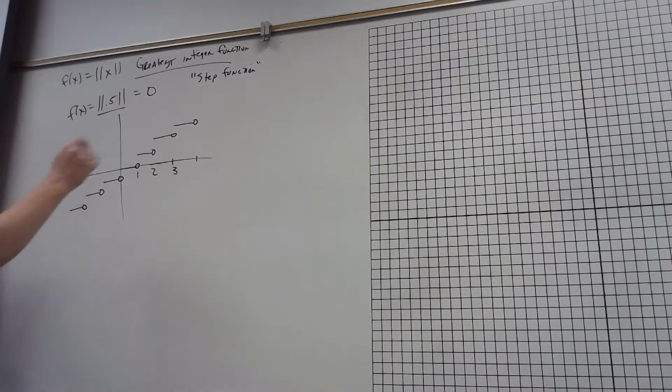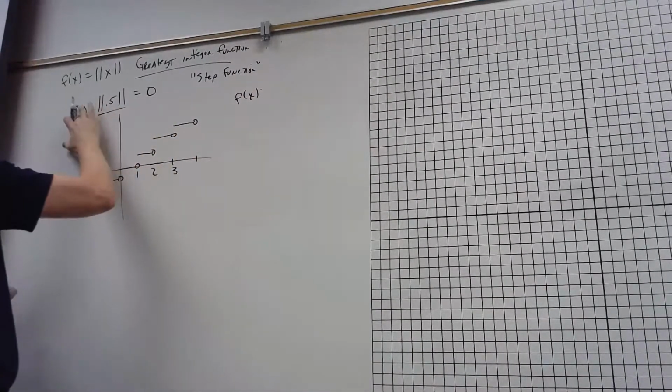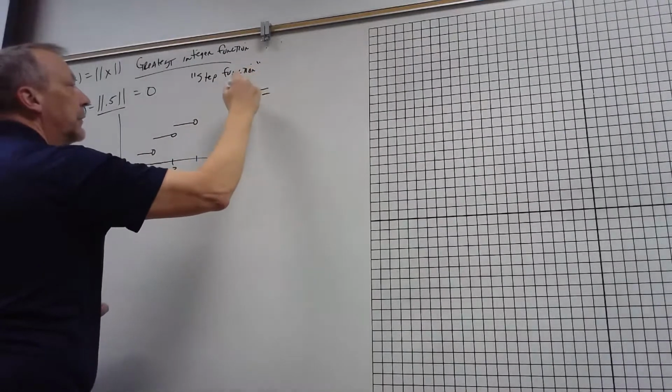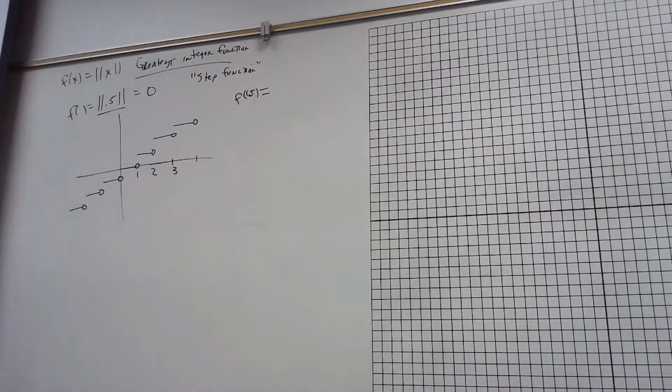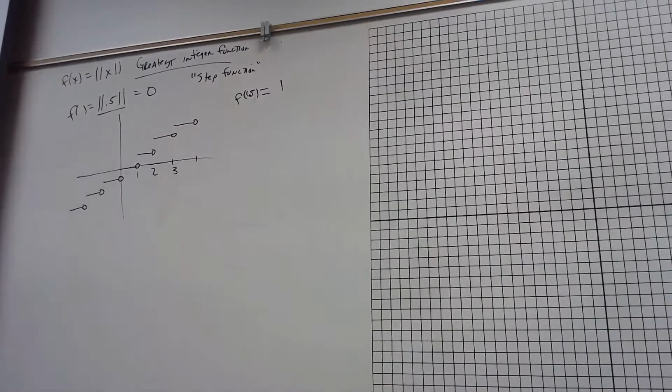If it was f of, I should have written that, f of 1.5 equals what? What's the greatest integer of 1.5? 1. So these are always going to be whole integers. If I go out here to 1.5, the greatest integer is 1.